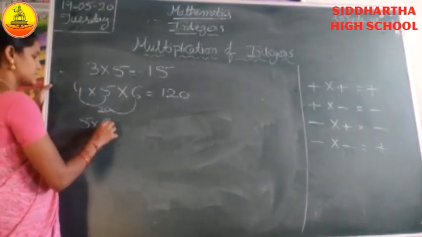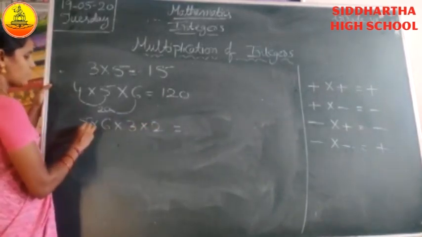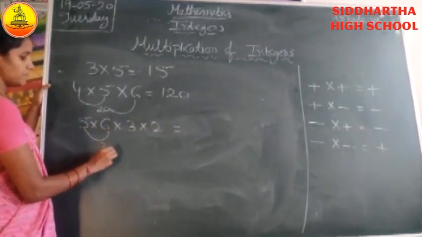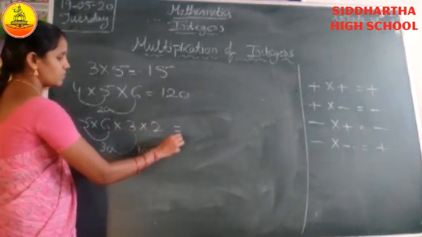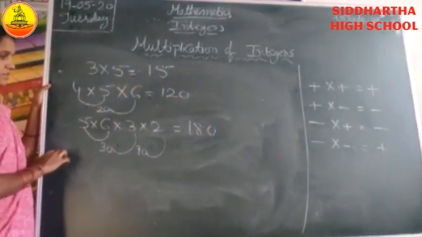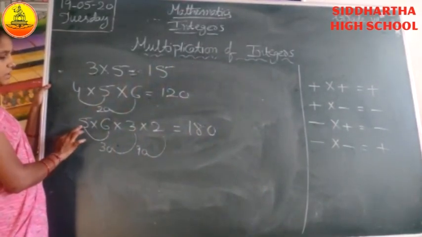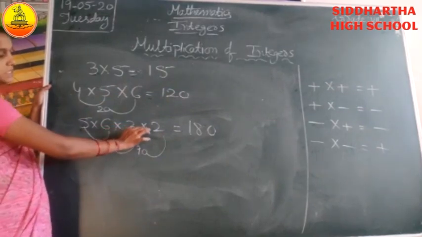5 into 6 into 3 into 2. 5 into 6, how much? 30. 30 into 3, 90. 90 into 2, 180. Okay. So here, plus into plus, plus; plus into plus, plus; plus into plus, plus.